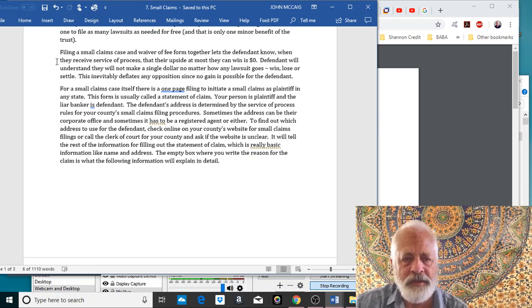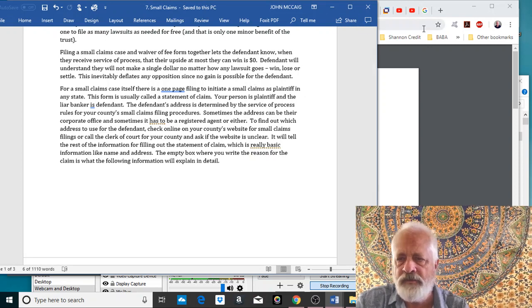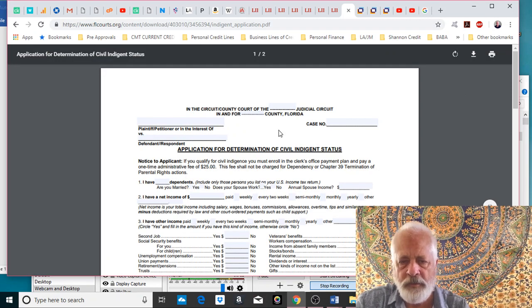This inevitably deflates any opposition since no gain is possible for the defendant. Yes, it disincentivizes them, right? For a small claims case itself, there is a 1-page filing to initiate a small claims as plaintiff in any state. We talked about this form, right?